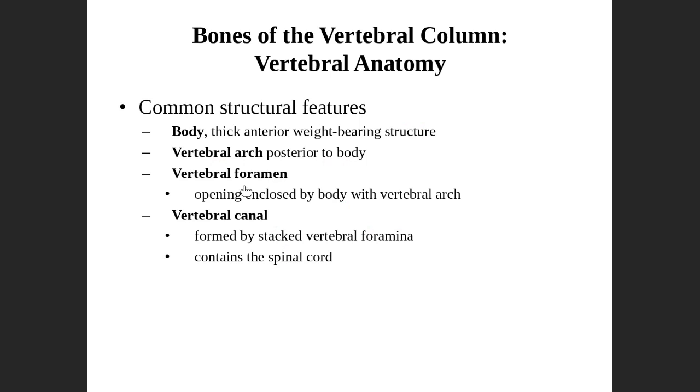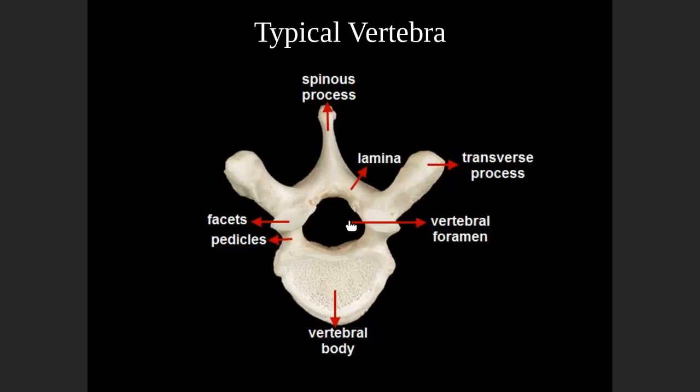Then you have the vertebral foramen. A foramen is an opening in the bone, right? And something's going to go in that hole. So that's what we see here. Here's our vertebral foramen. Now, if we stack a whole bunch of vertebrae on top of one another, all these vertebral foramen line up.